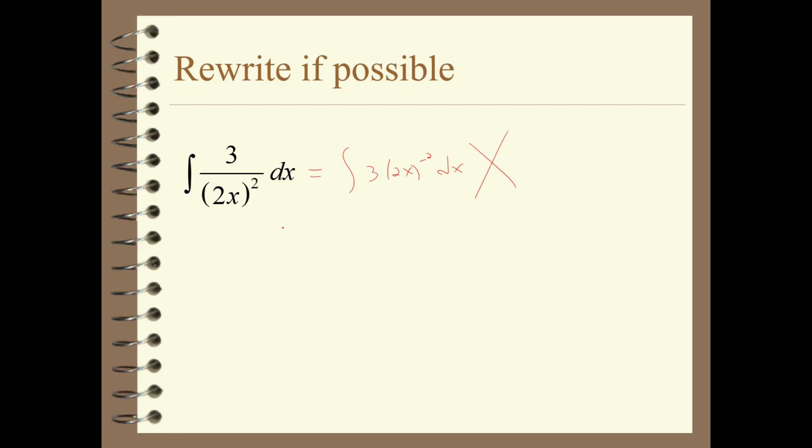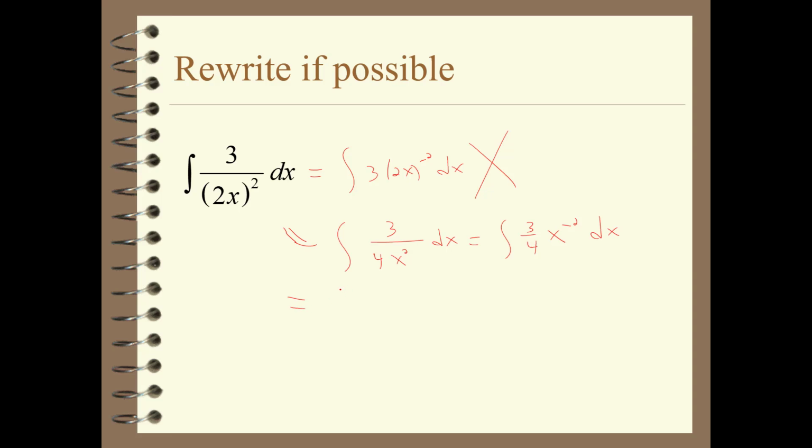It's better instead to write this as the integration of 3 over, just distribute this product. You would get 4x squared dx. That would then be the integration of 3/4 and bring the x up instead. Notice how I write the integrals. I always write the constant and then times the function.